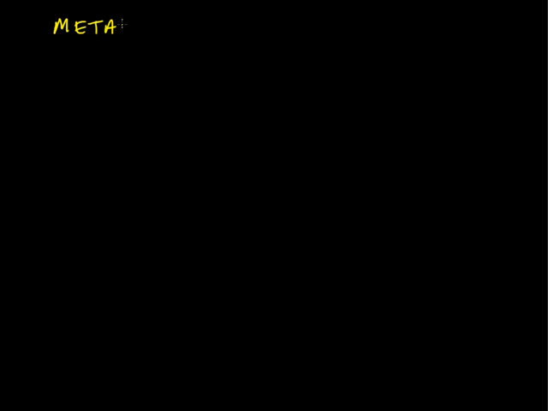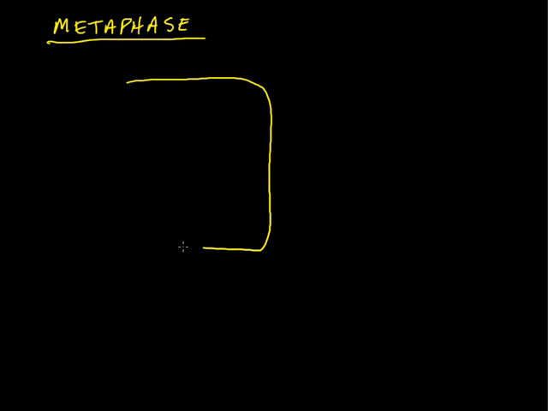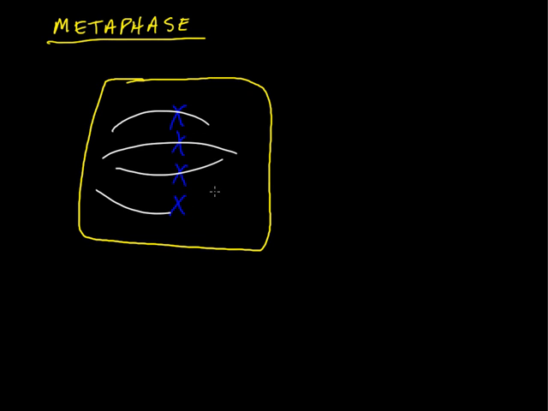Meta means half or middle, and that refers to the fact that our chromosomes that are connected to the spindle fibers get lined up in the middle. I'll draw a few spindle fibers, and they're connected at the centromeres to these spindle fibers, and the spindle fibers lengthen or shorten and basically get them lined up in the middle.